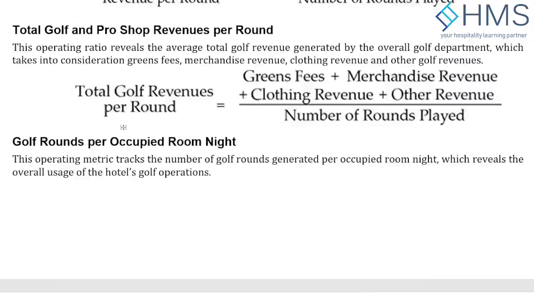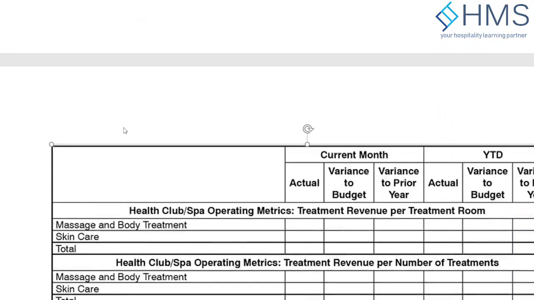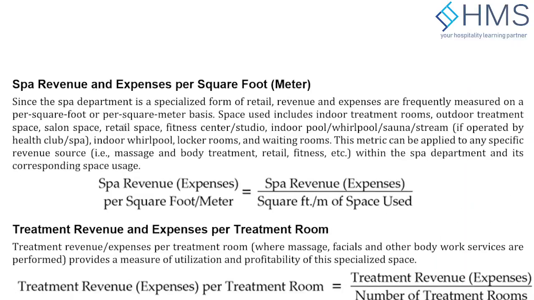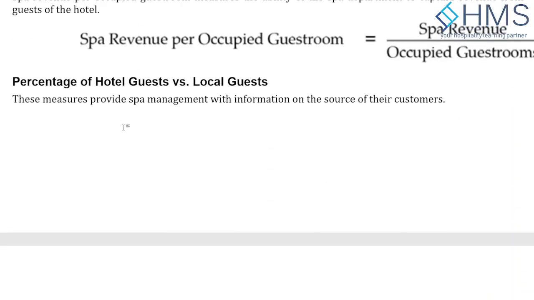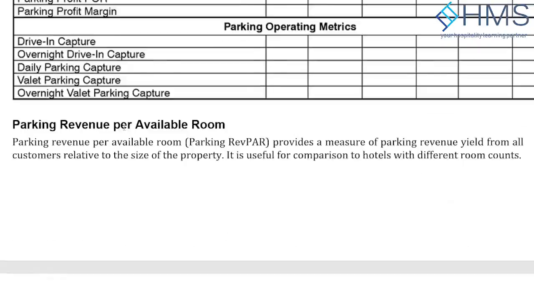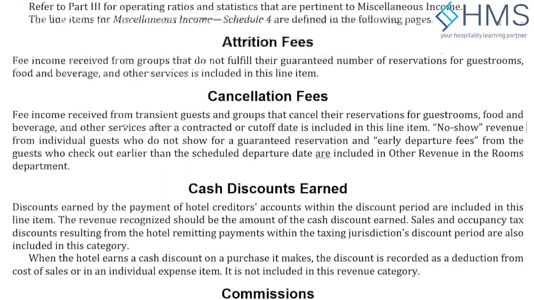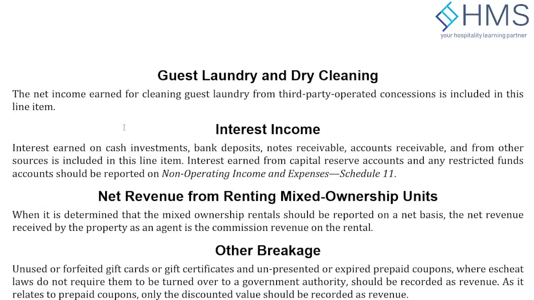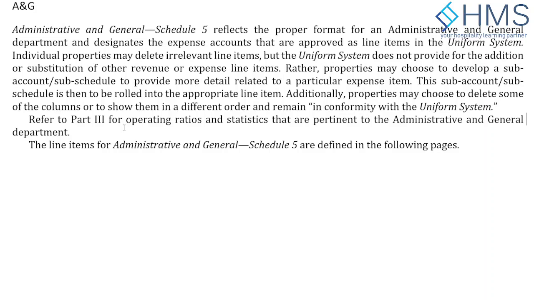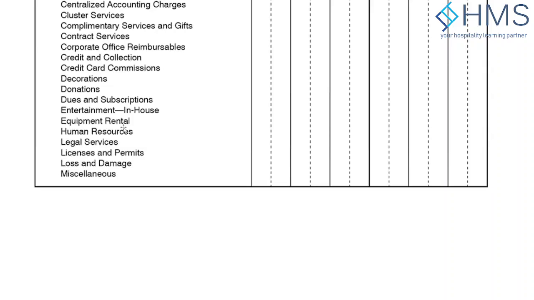And then this is the spa, and this is the total health club revenue. I will give you this file so that you have all these standards and operating department statistics for each department and the definitions, so that you can understand it easily. We also discussed the other operating department, which is A&G, the labor cost and other specific costs which go in there.